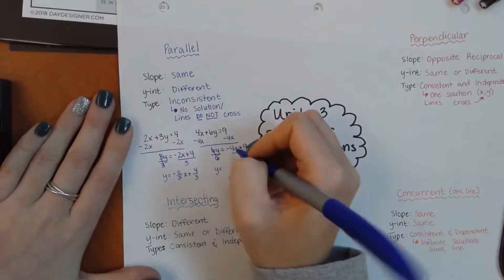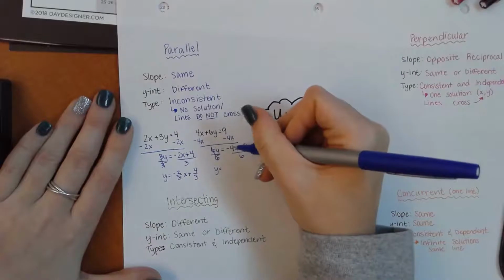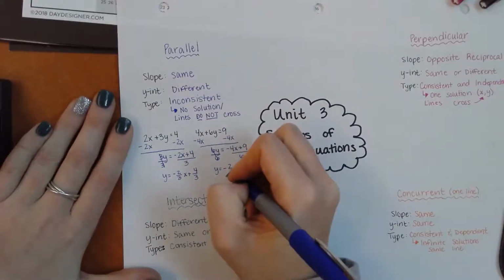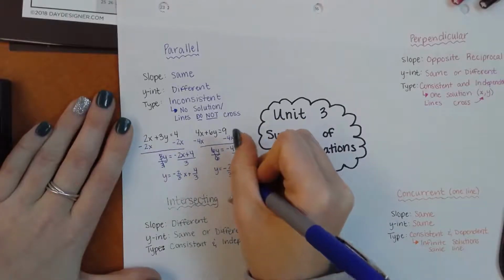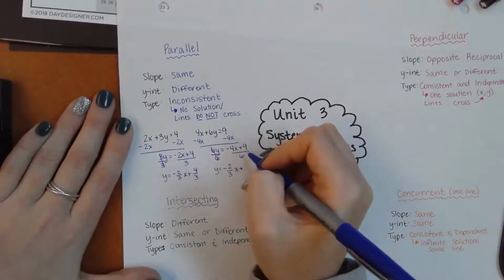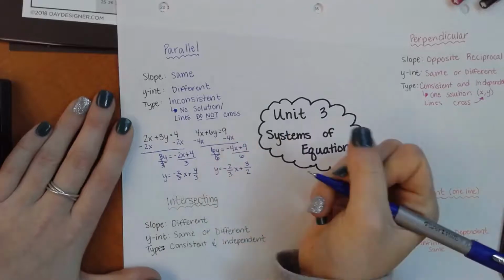Now, when I divide by 6, I need to make this as simple as possible. So 2 goes into both 4 and 6. 2 goes into 4 2 times, and it goes into 6 3 times. And then 3 goes into both of these. So 3 goes into 9 3 times and into 6 twice.